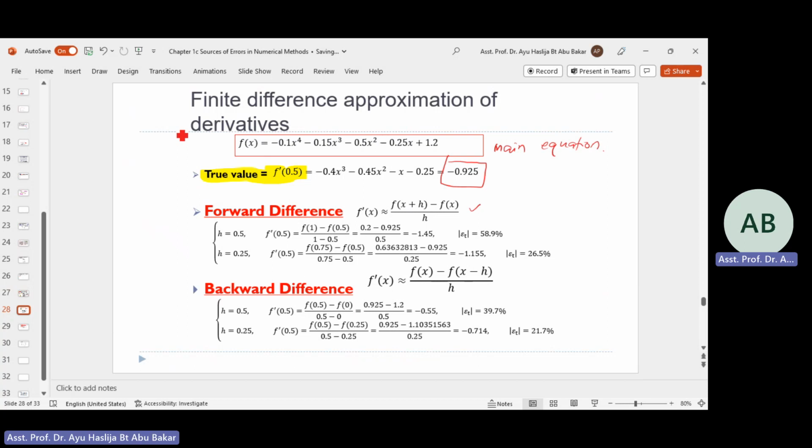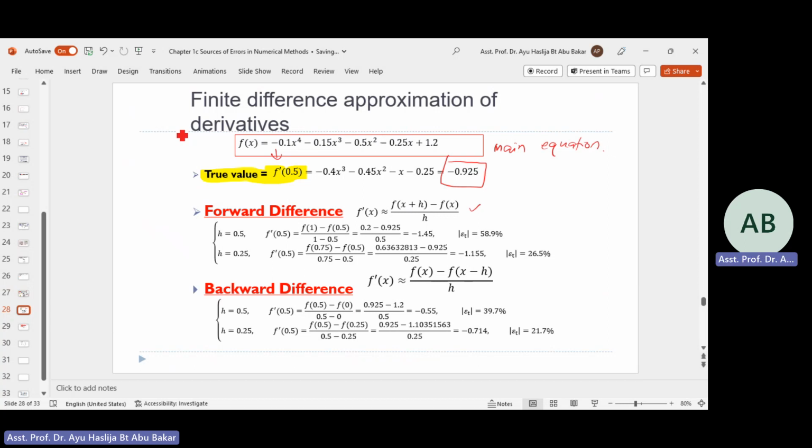Okay, I repeat again. True value is f prime from the differentiation process. Differentiation of this equation. Still remember how to do the differentiation? You need to check back your calculus.